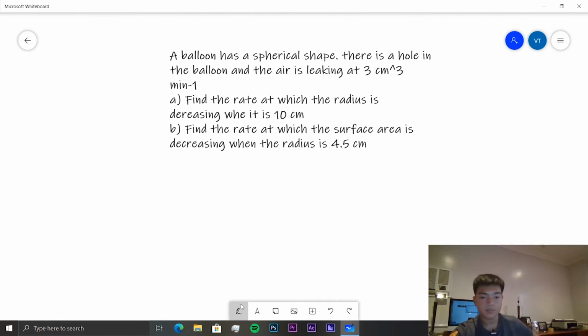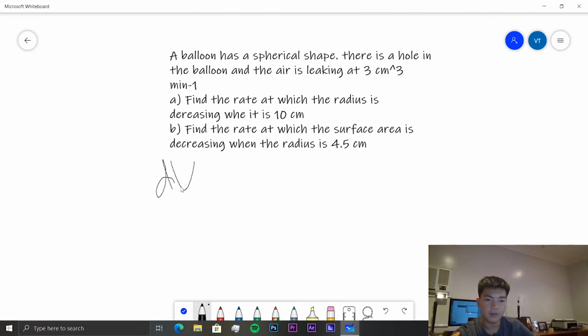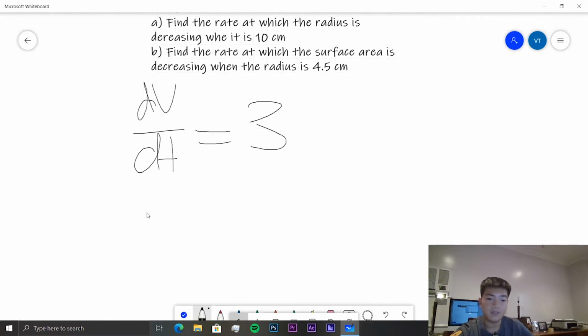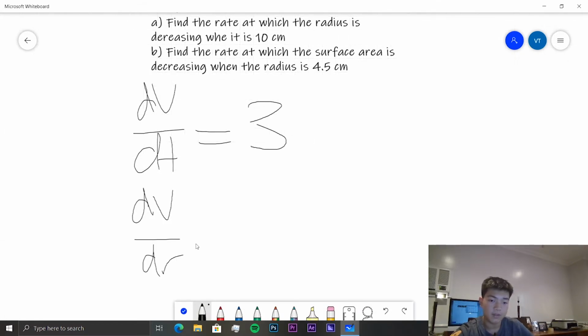So, this one doesn't even involve any trigonometry. This is dV/dt equal to 3 centimeters cubed per minute. And we know that dV/dr is equal to 4 pi r squared.